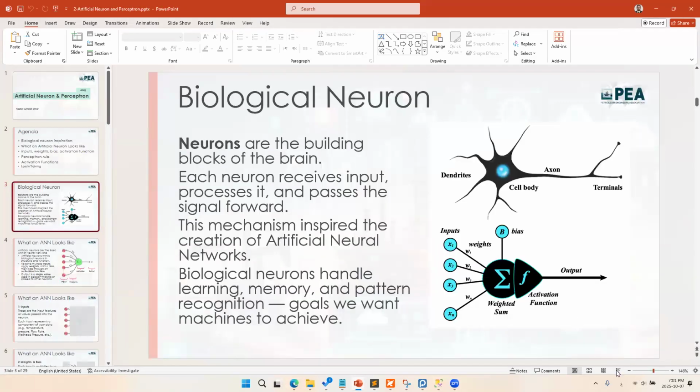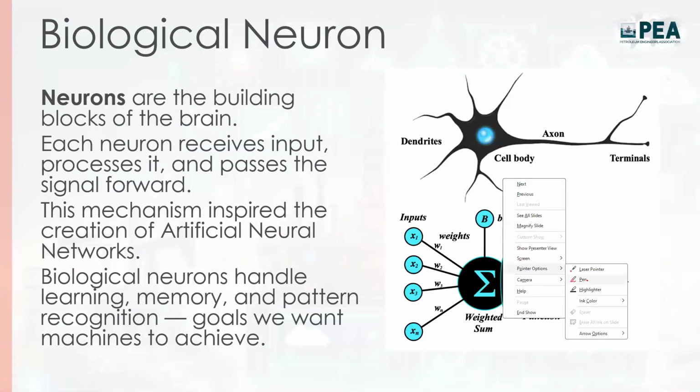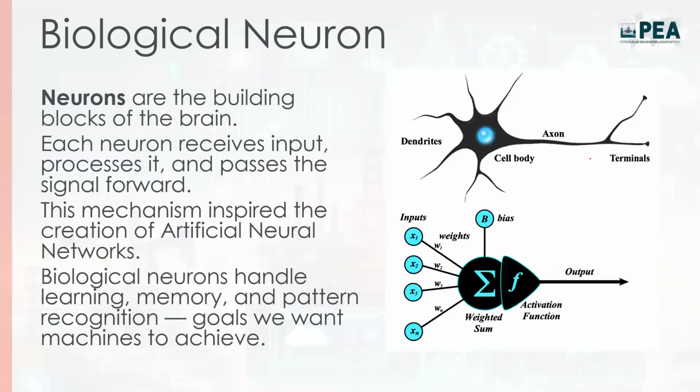A neuron is something that's very similar to the human brain. What you see on the top is the human brain, and what you see on the bottom is the artificial neuron that humans created in order to mimic how the brain works. For example, if you want to predict something and understand how something behaves, it can be anything: the type of flow, the problems that you have in the field, or the type of event that's going to occur.